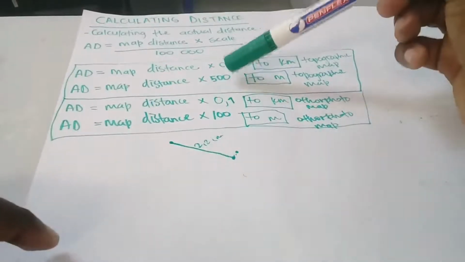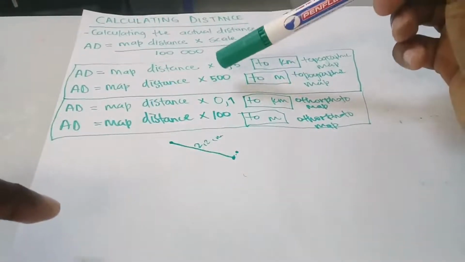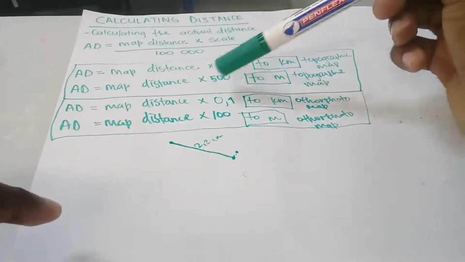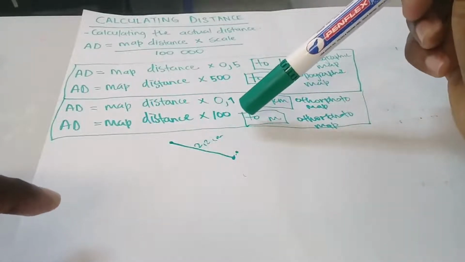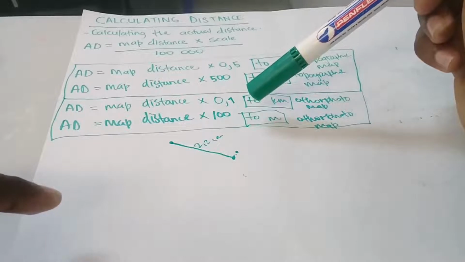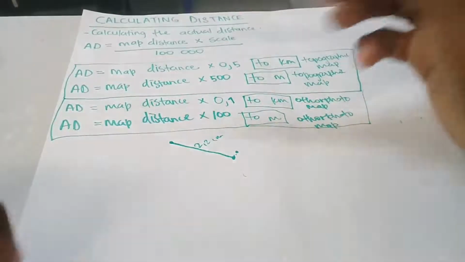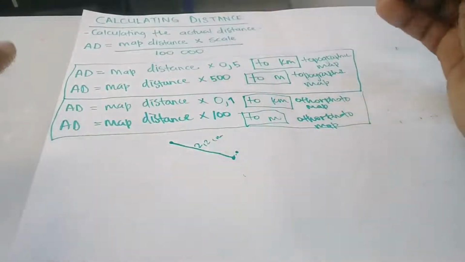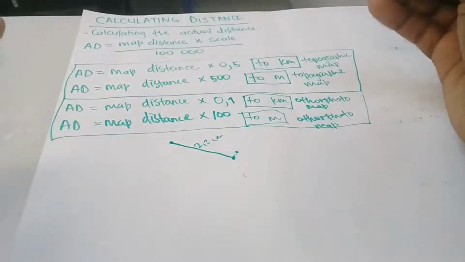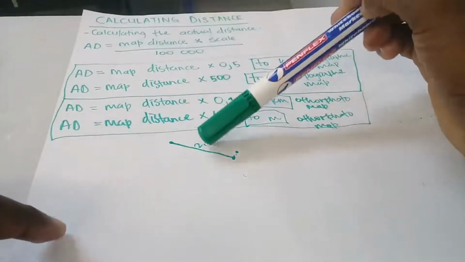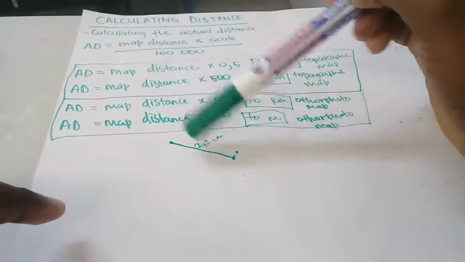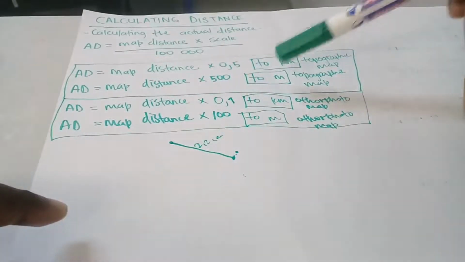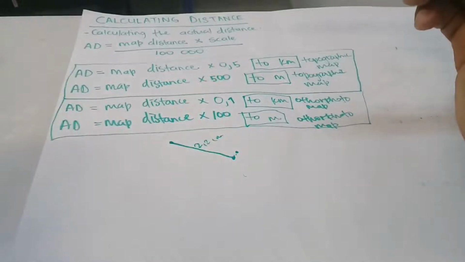If you are using a topographic map, you multiply 2,2 by 50,000 centimeters, and get your answer in centimeters as the actual distance. You can convert it by multiplying by 0,5 to kilometers and by 500 to meters.